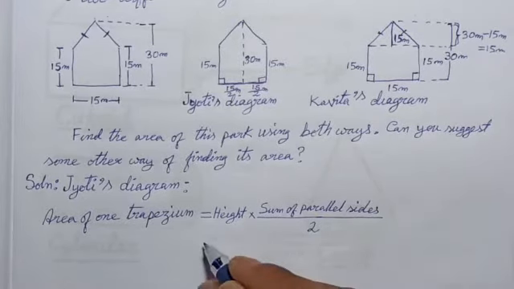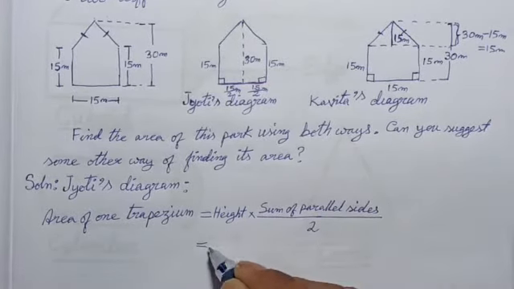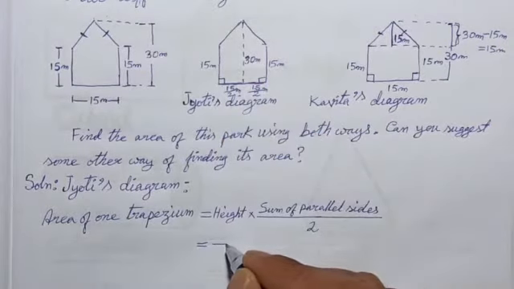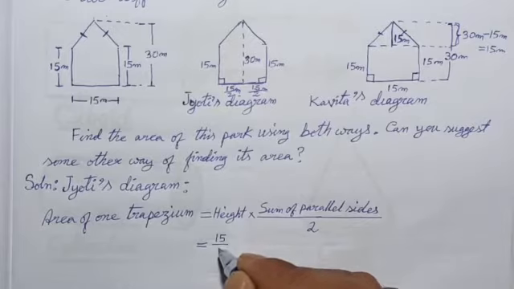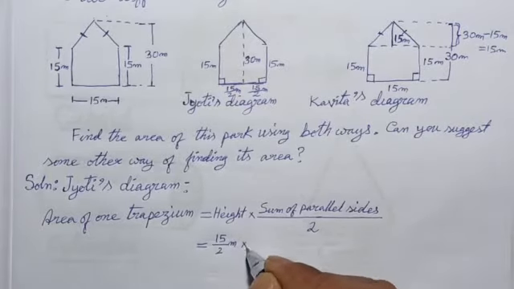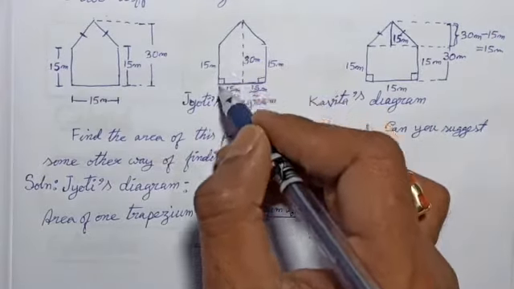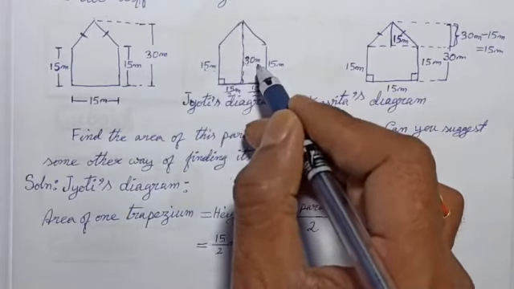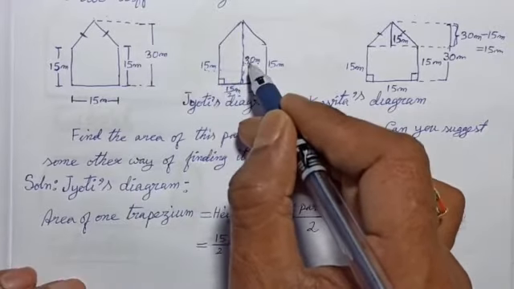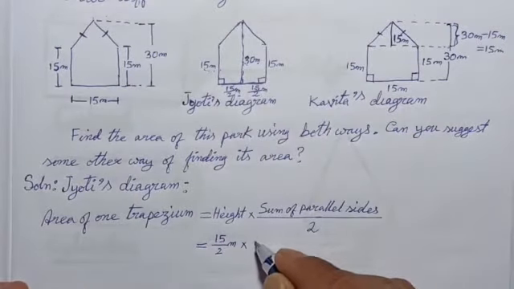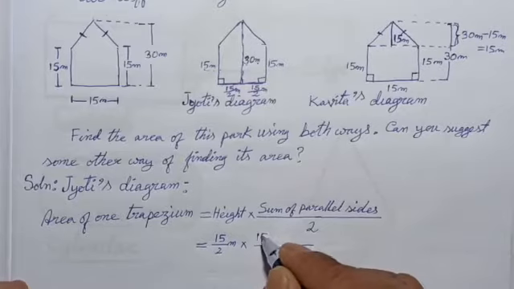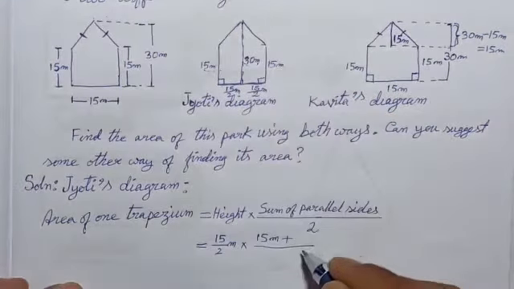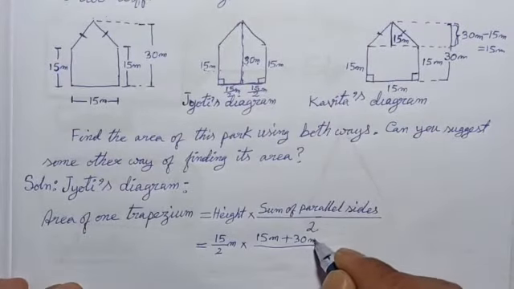Here the height is 15 by 2 meter, into the sum of the parallel sides. These two sides are parallel, 15 meter and 30 meter, and we have to add them together, divided by 2.